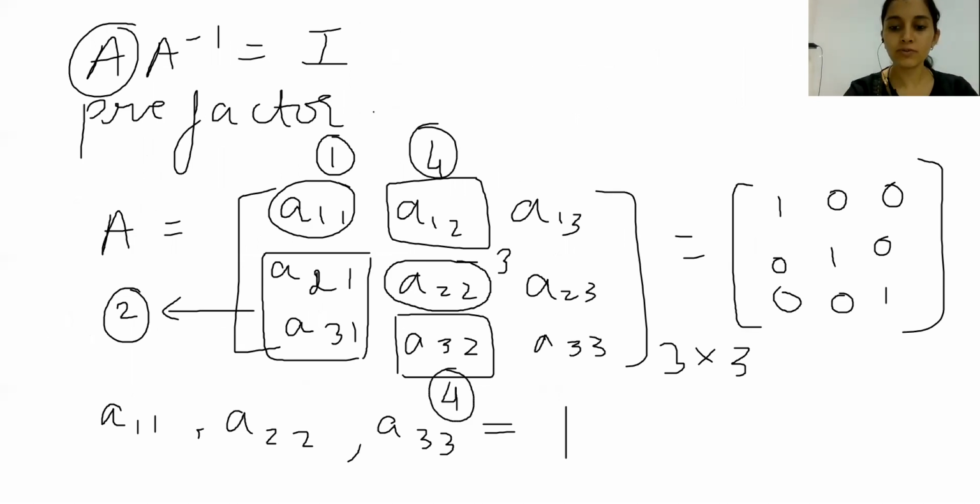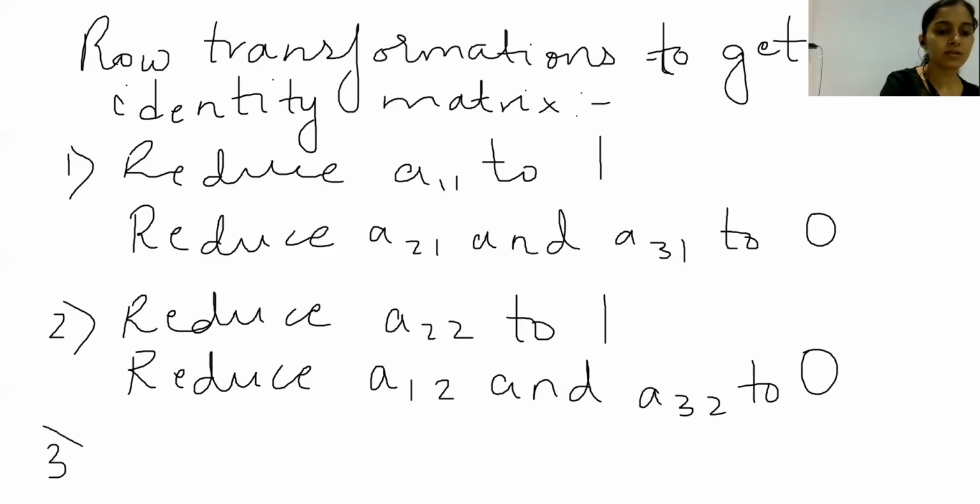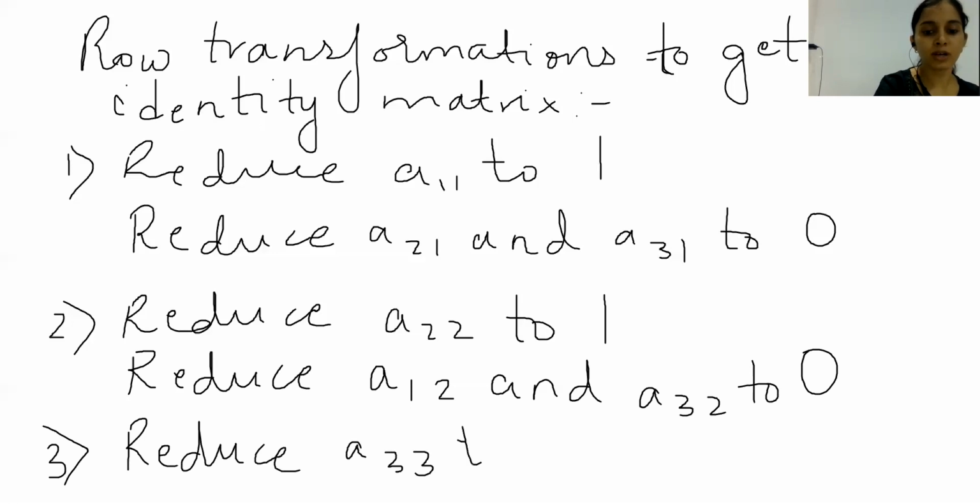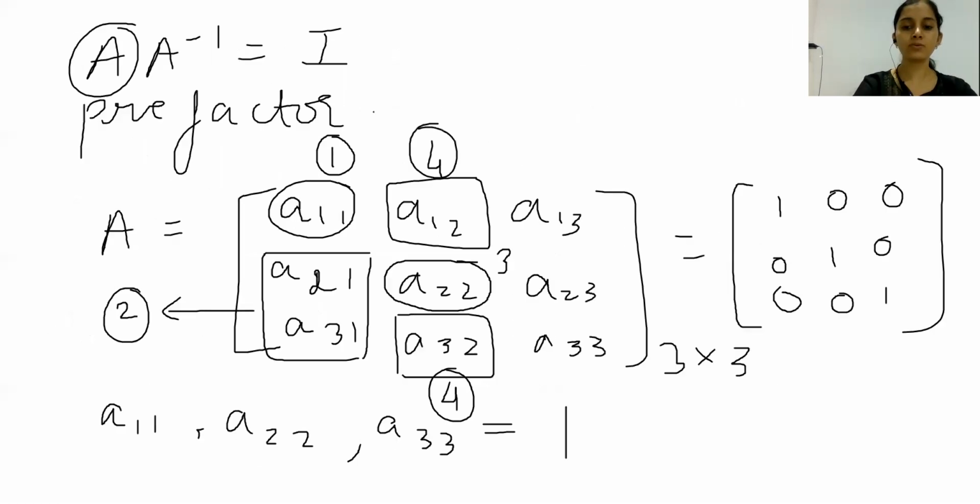Similarly, what will be your fifth step? Reduce A33 to 1. That is your third diagonal element. Okay. And what are we left with? A13 and A23.